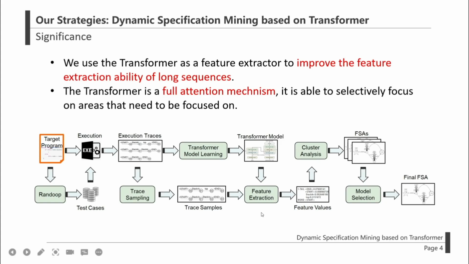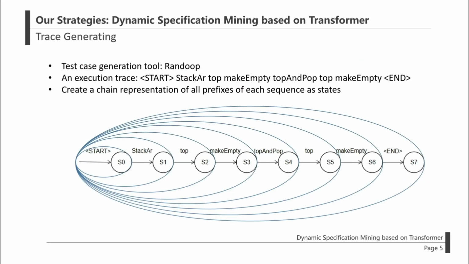And then, the extracted features are represented by a series of feature values. The feature values are entered into a clustering algorithm to merge the values with similar features to obtain multiple simplified automata. Finally, we select the best performing automaton as the final specification model. Each step is explained in detail below.